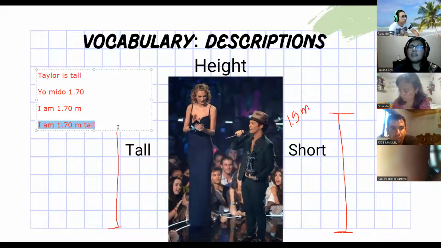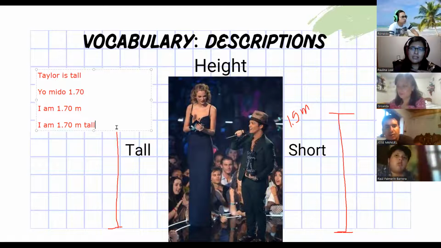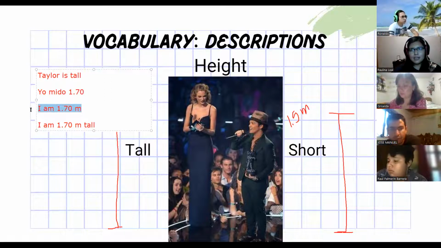I am 170 meters tall. I am 5 foot 4 inches tall. I am 2 meters tall, etc. But in common speak, it's more likely that you would eliminate this. Cuando tú hablas en confianza, pues, o en conversación normal en la vida real, la gran mayoría de la gente lo acorta. Y nada más dices, I am, y tu altura. Y con eso, right? Ok, gracias.